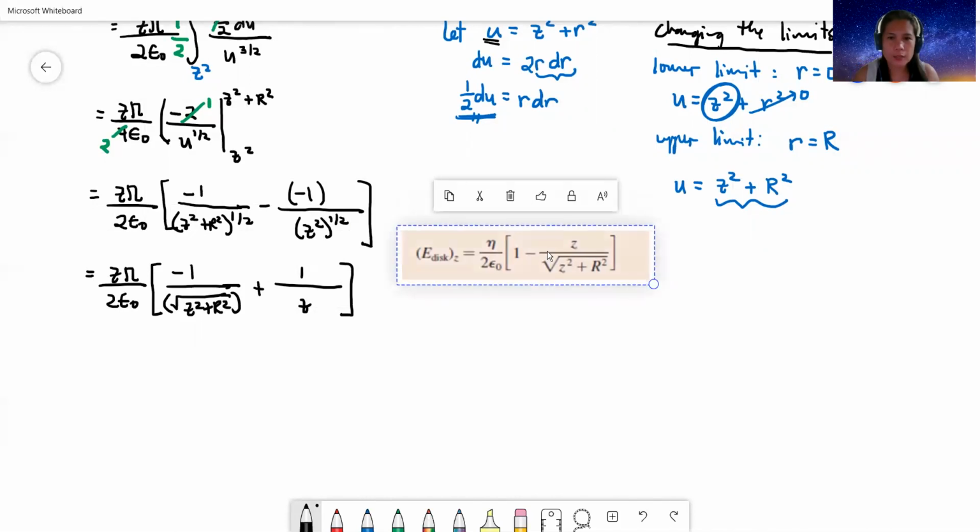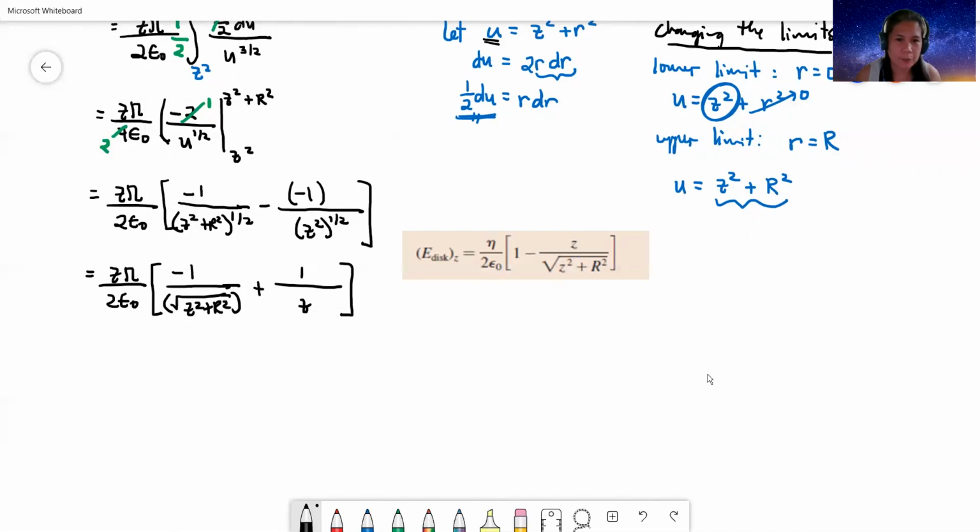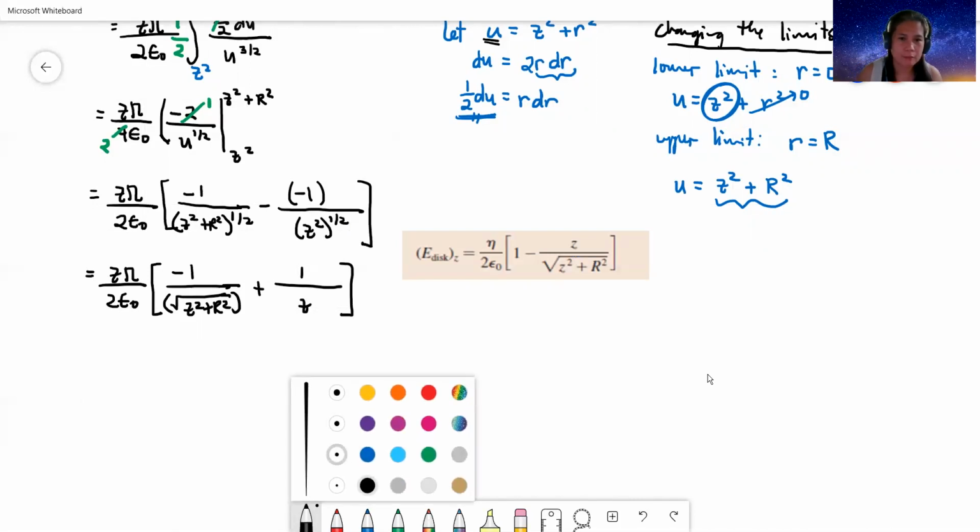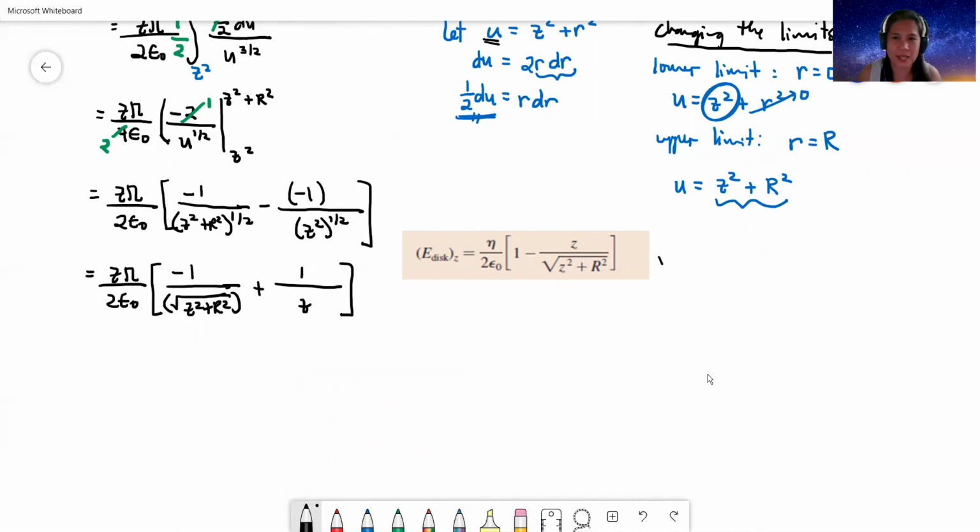So we want no z outside, so we need to distribute it. And then we just rearrange it. So distributing z, our intention is of course to arrive at this form. We will distribute z to both terms so that this becomes eta over 2 epsilon sub naught.